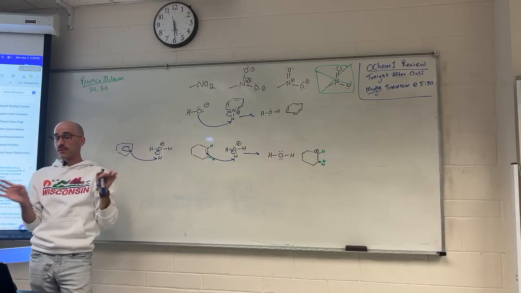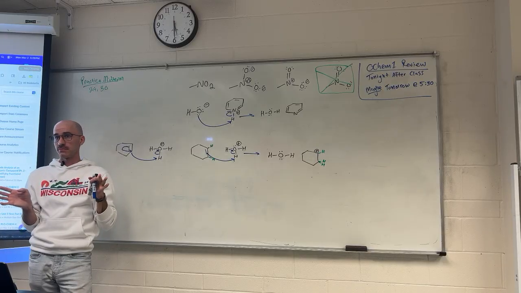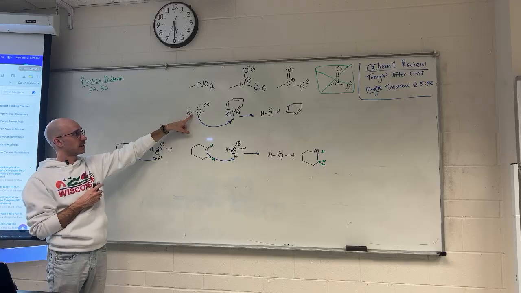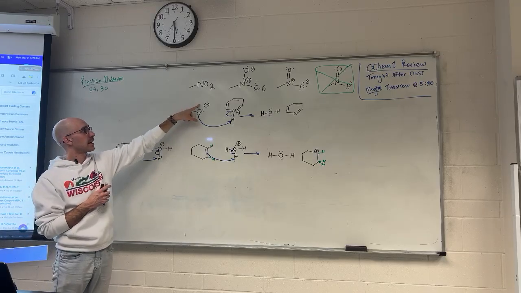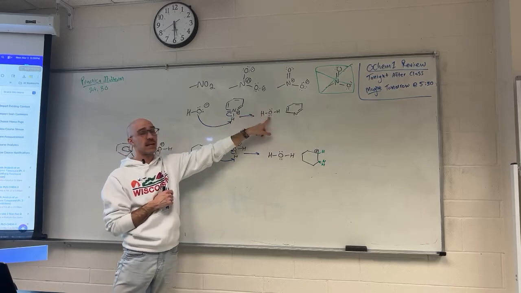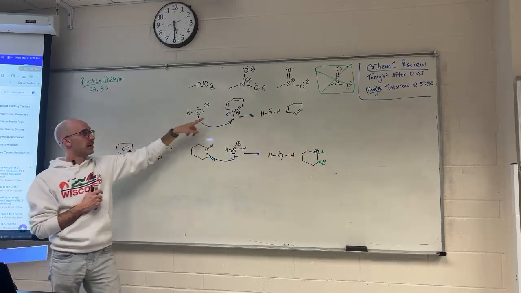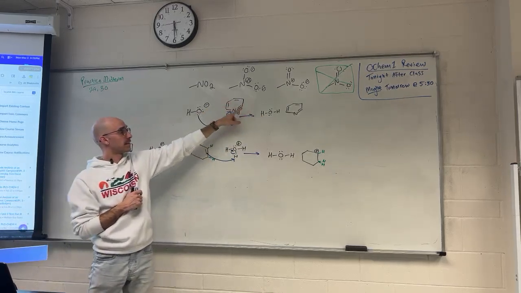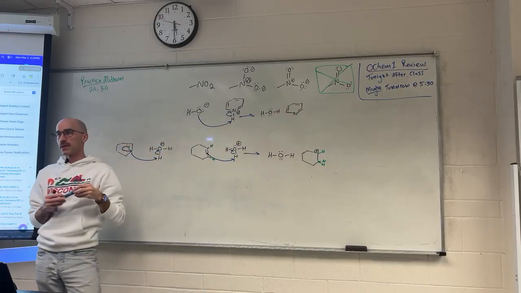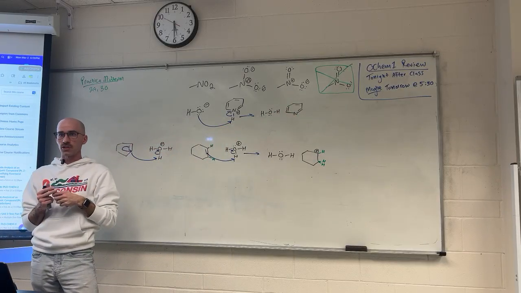Should I show any of the other bonds breaking then? No. Like for instance, in this acid-base reaction, nothing is indicated about this original OH bond, so nothing should change about that original OH bond. Nothing else was indicated about this cyclic nitrogen structure, pyridine, so nothing else should change there.